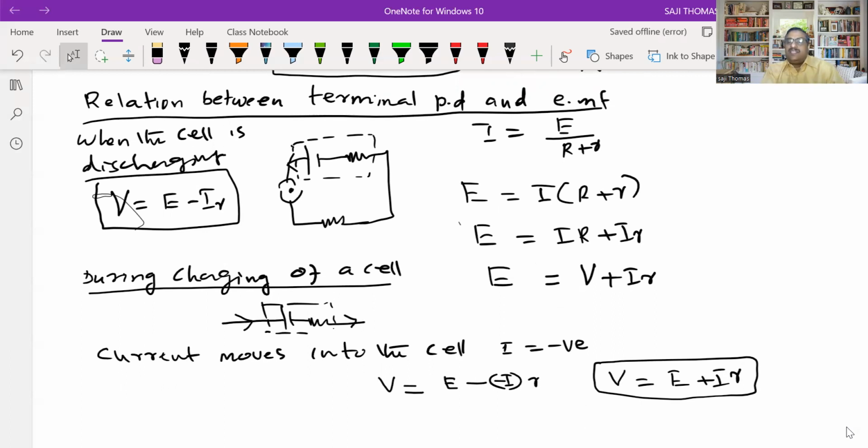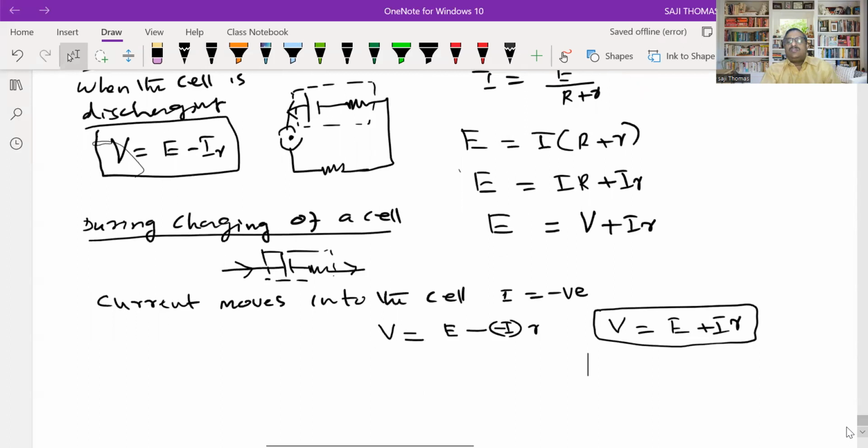Terminal potential difference is the potential difference across the cell when the cell is in a closed circuit. The equation for terminal potential difference during discharging of a cell is V equals E minus Ir. During charging, it is V equals E plus Ir.